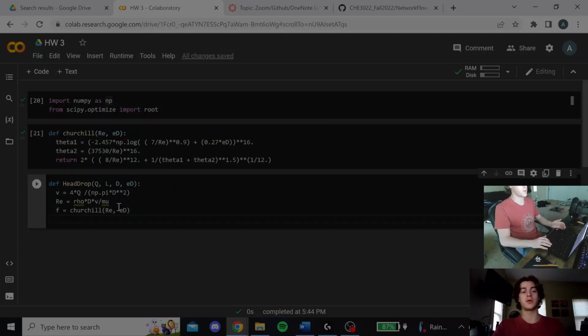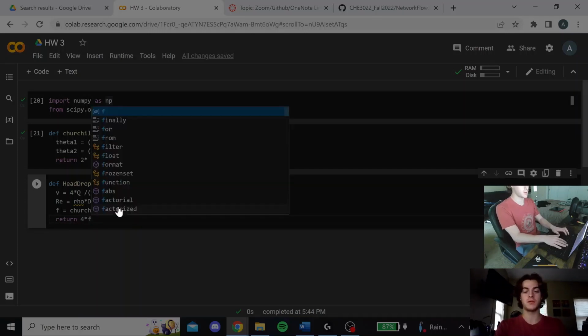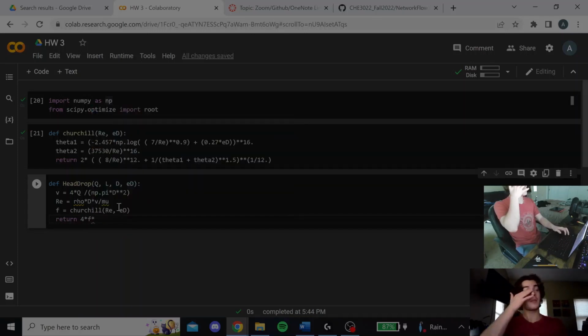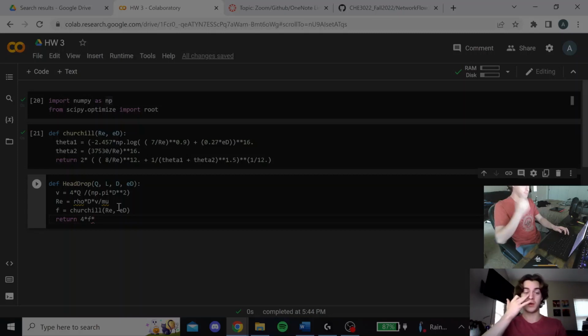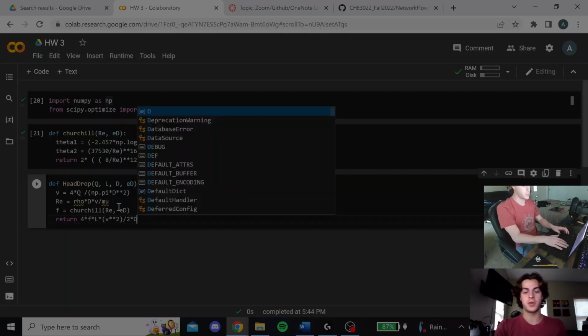And then we can return the head drop, which is just going to be 4 times the friction factor times the length of the pipe times the velocity squared divided by 2 times the diameter of the pipe times G.